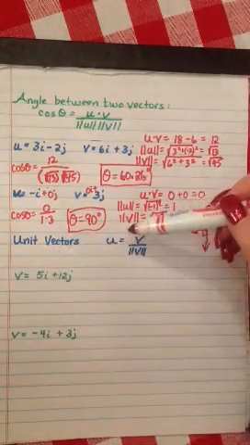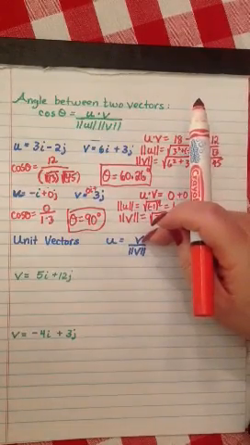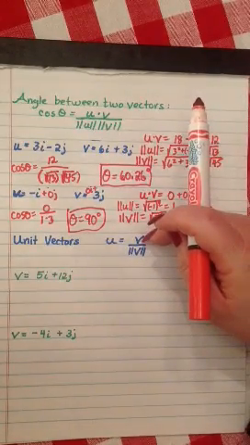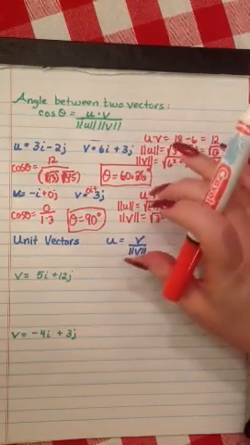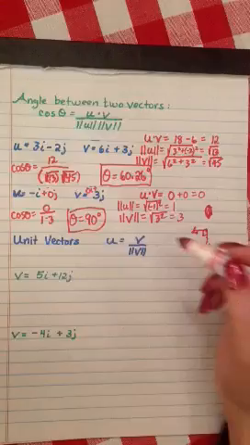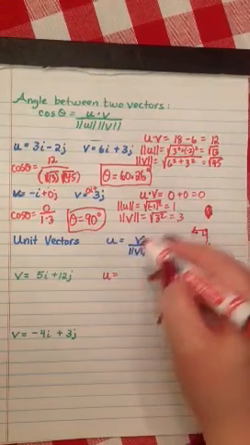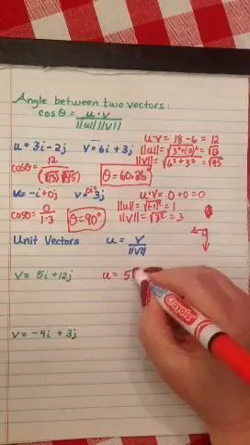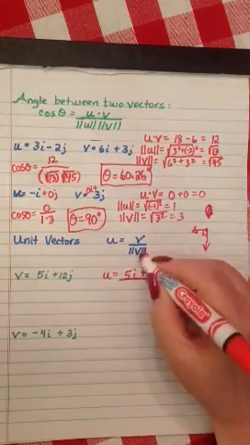All right, moving along to unit vectors. They give you a vector. They would like to know what the unit vector is. It's going to be parallel to vector v, going the same direction as v, but it'll only have a unit of 1, it's only 1 unit long. That's its magnitude. So all you do is you say u is equal to vector v, which in our case is 5i plus 12j, divided by the magnitude of v.